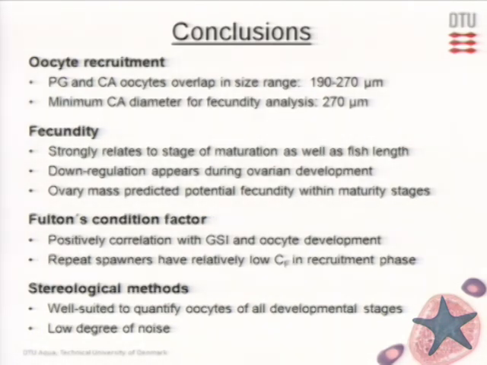The stereological method we used, we found well suited to quantify oocytes of all development stages, and they had a low degree of noise. You could not see that, but we wanted to include the coefficient of error, but the coefficient is so low that you would not be able to see it in the symbols.